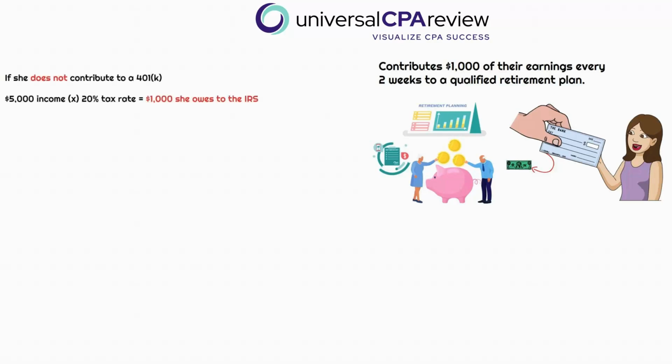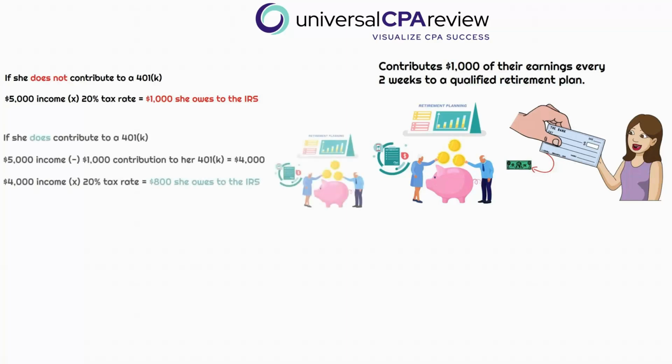Now, instead of being taxed on the full $5,000 on her paycheck at, let's say, this 20% rate, she is instead taxed on $4,000. Okay, so if she does not contribute to a 401k, the $5,000 in income times the 20% tax rate means that she owes the IRS $1,000. But if instead she did contribute $1,000 to this qualified retirement plan, right, the 401k, then this amount would be deducted.